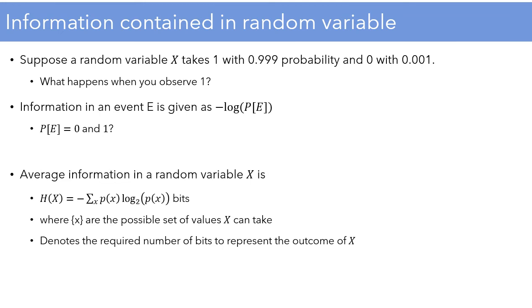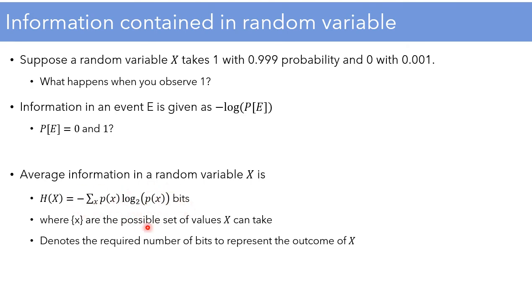And if a random variable takes multiple values x, then the average information in the outcome of the random variable is the expected value of the information in each occurrence. If x takes values over some range, and I weight by the probability of x to compute the expectation, the average information in the random variable x is given by minus summation of p(x) into log base 2 of p(x).